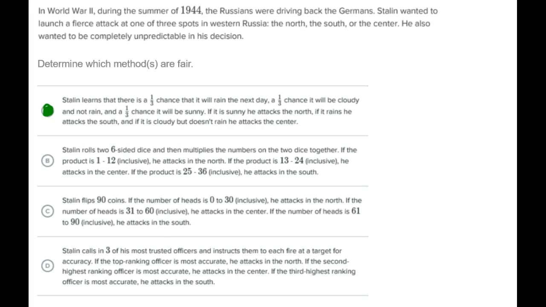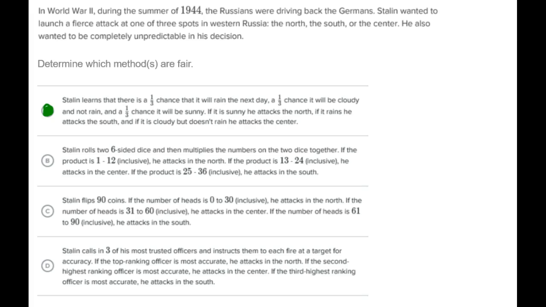So the number of heads we can expect is around 45. The number of heads between 31 and 60 inclusive probably has the greatest chance of occurring, so he would probably attack the center with a greater chance than attacking the north or the south. So this method would turn out to not be fair.